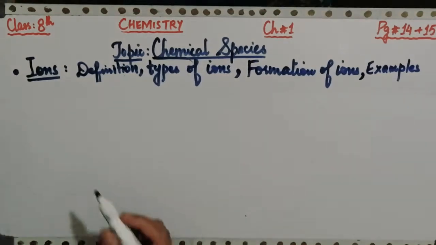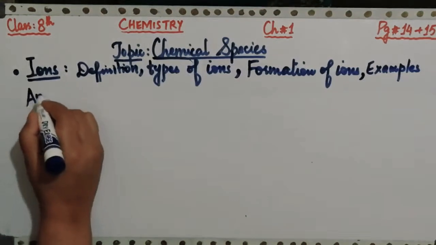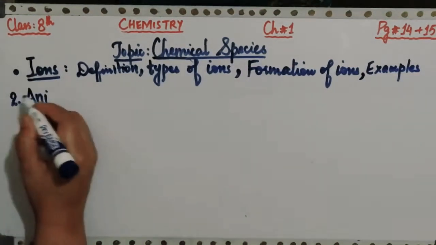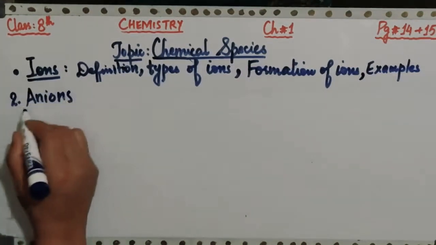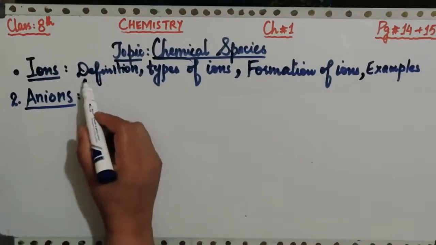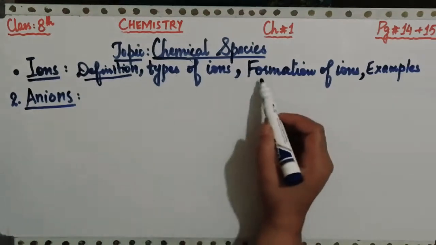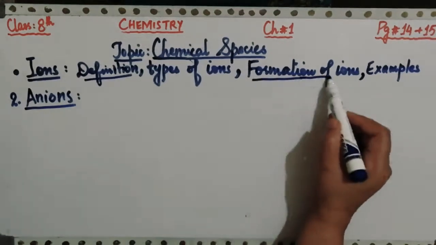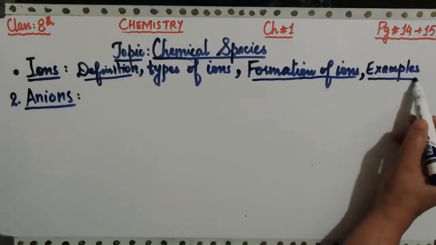The second type of ions are called anions. So I am writing number 2, anions. For anions you have to write down first of all the definition, then formation of ion, that is anion, and the last heading will be example.